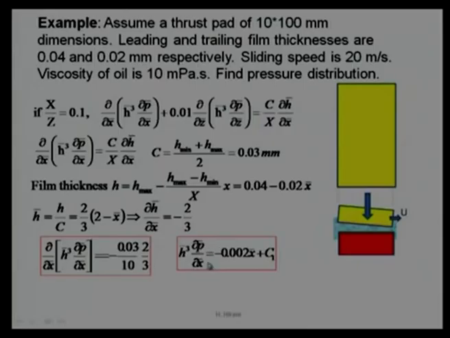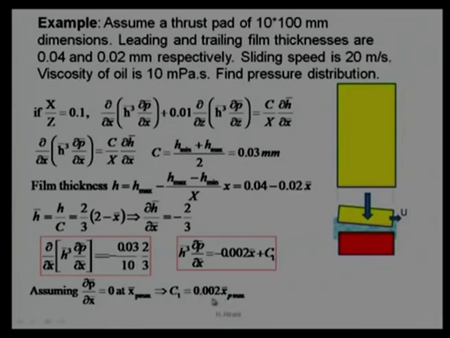So, we need to estimate x, which will have some constant value where the pressure will be maximum. So, I can say pressure will be maximum at some location x bar p max. Using that condition, assuming this gradient is equal to 0 at x bar p max, for which we have given a symbol in the nomenclature, that gives a value of C1 in terms of this location.